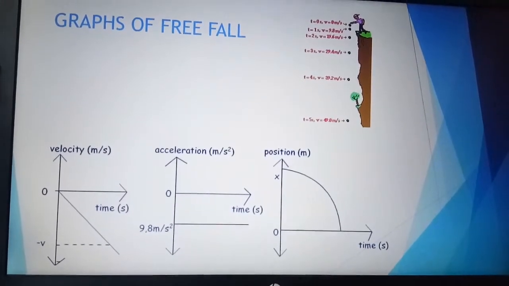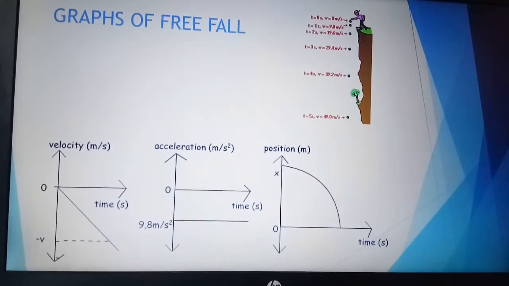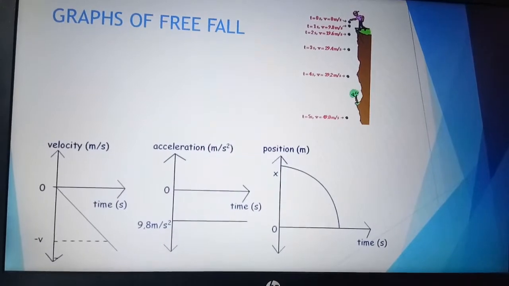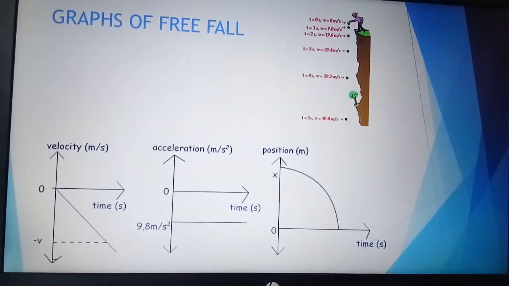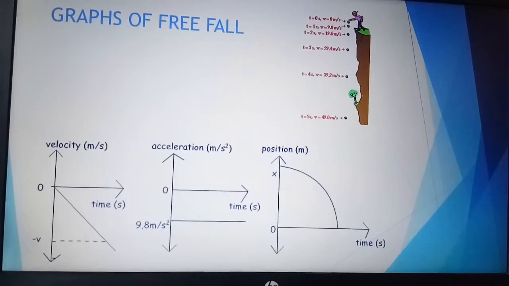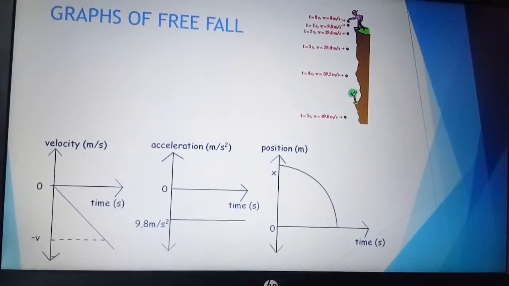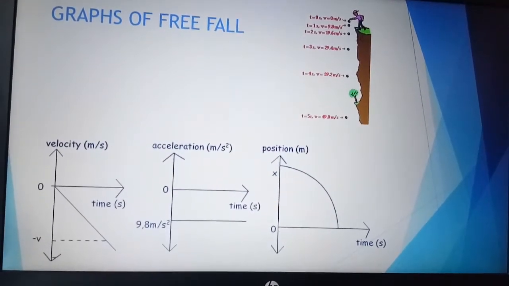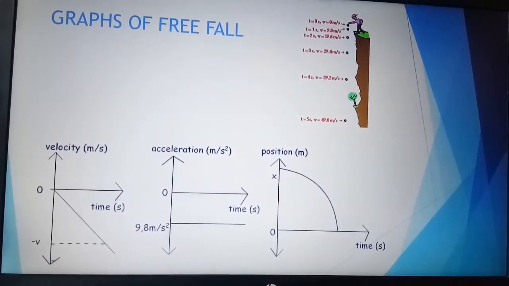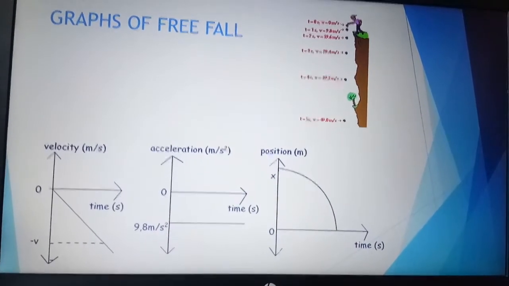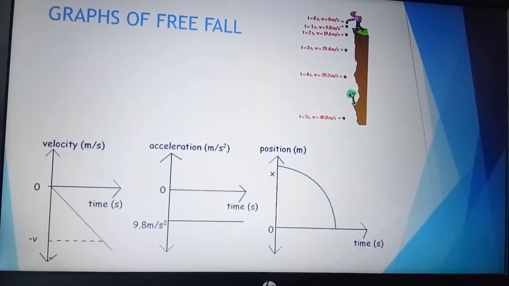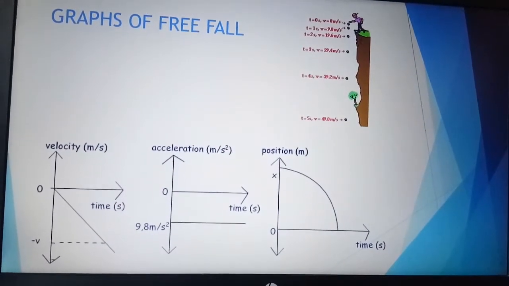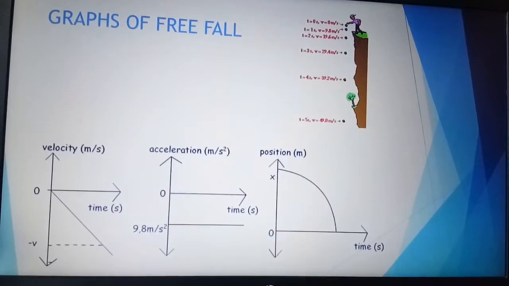If you go on substituting time t, when you put t equal to 0, we get v equal to 0. When you put t equal to 2 seconds, we get minus 9.8 into 2, so minus 19.6 meter per second. When you put t equal to 3, minus 3g, 3 into 9.8, we get 29.4 meter per second.